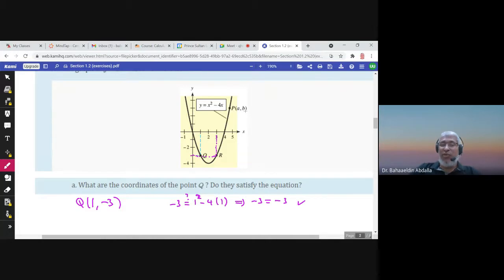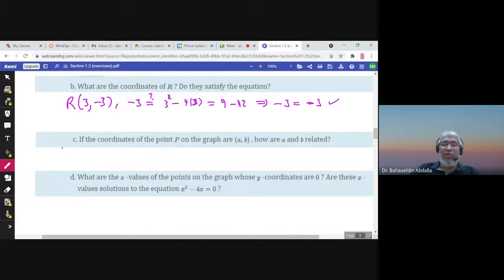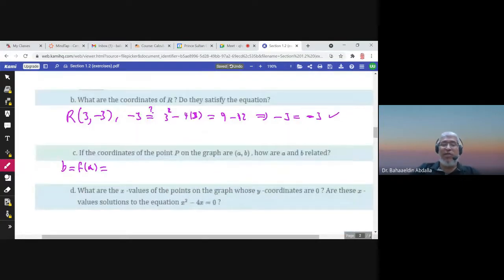So b should be f of a. So it should be equal to a squared minus 4a. So this is how a and b are related. Okay, b is a squared minus 4a.